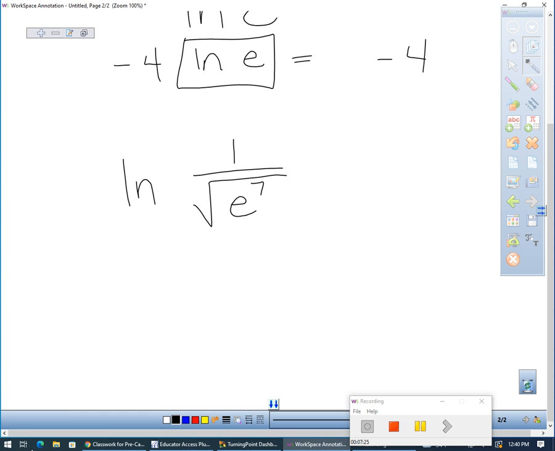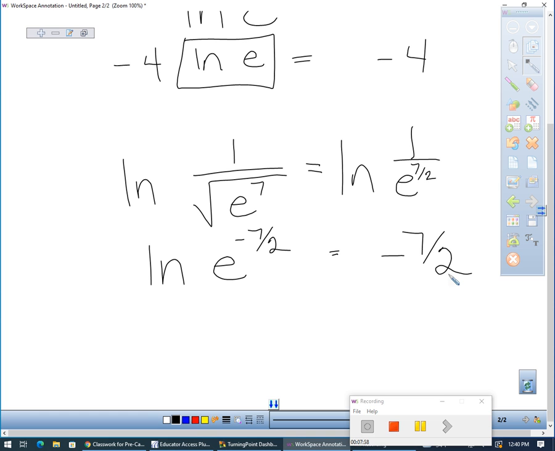So we need to get that square root e to the 7 all to the top somehow. 7 over 2, I agree with that. So the natural log of 1 over e to the 7 over 2. And then I agree we're going to move this to the top. That becomes a negative exponent. So we have the natural log of e to the negative 7/2. So what does this equal? Perfect.